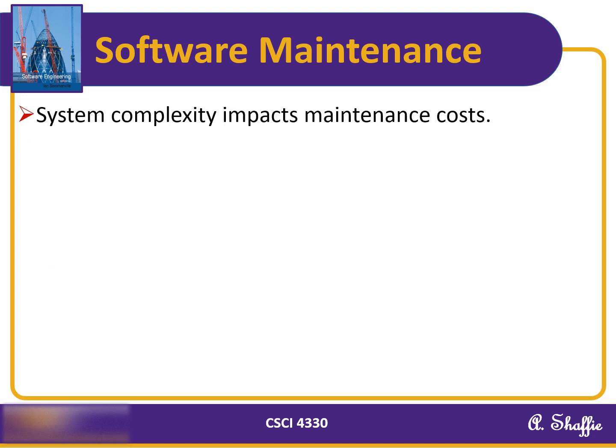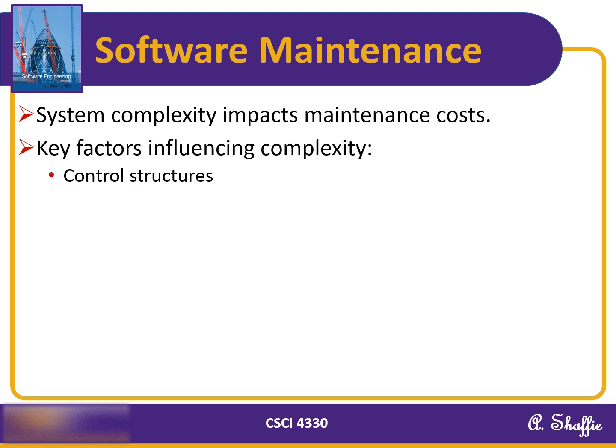Let's talk about predicting the maintainability of a system, which is closely tied to its complexity. The complexity of a system depends on three main factors. The complexity of control structures, such as loops and decision-making conditions. The complexity of data structures, including how data is stored, accessed, and managed.